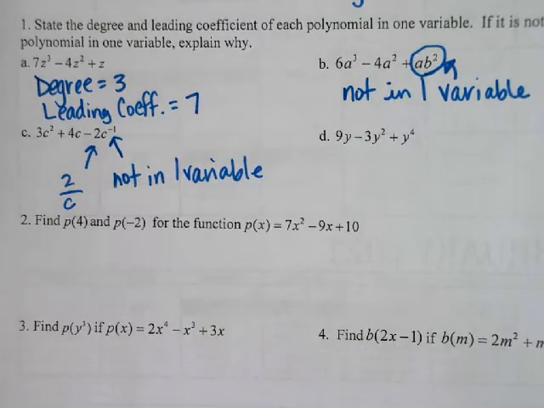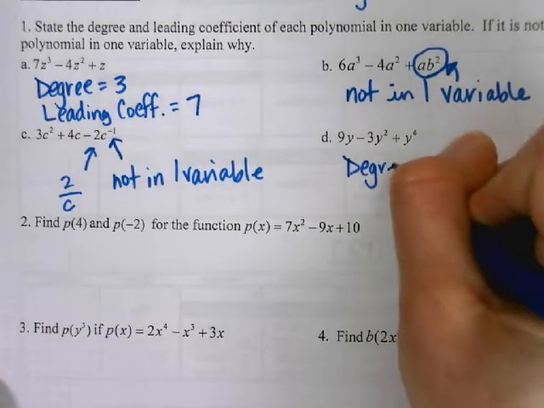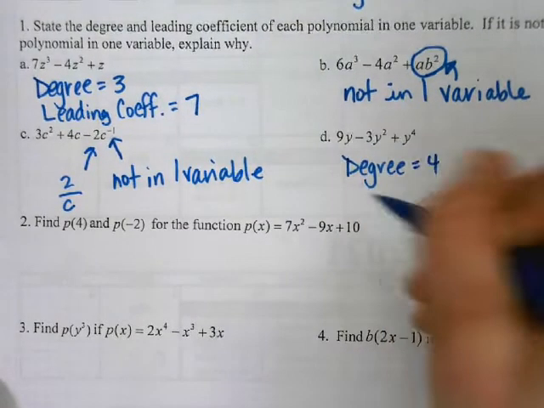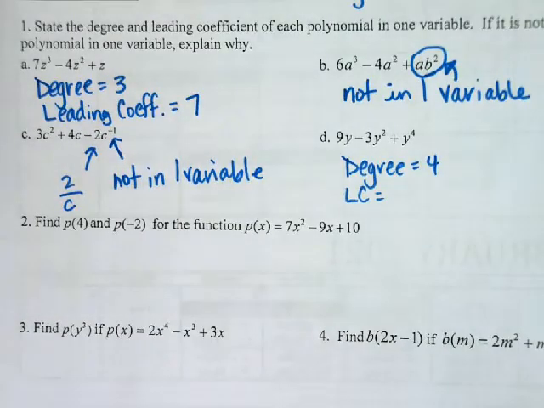Okay, then I have 9y minus 3y squared plus y to the 4th. Is that in one variable? Yeah, it certainly is. What's my degree? What's my biggest exponent? 4. Now, this is the tricky one. My leading coefficient, if you want to write LC, I'm happy.